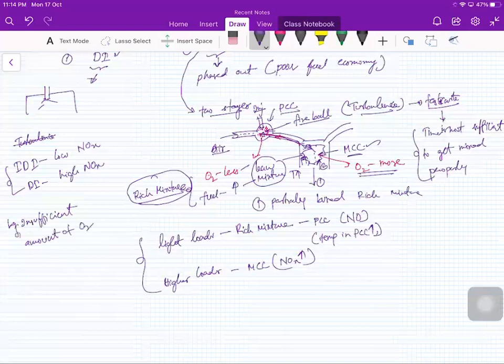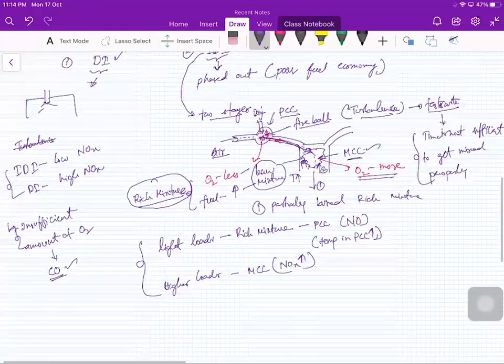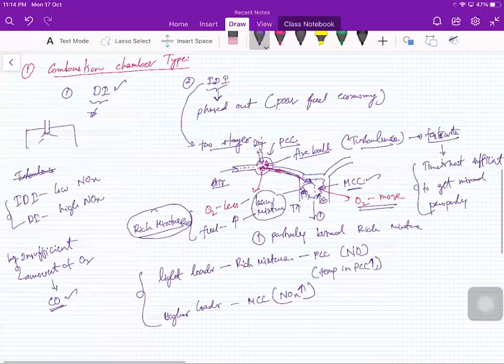When there is an insufficient amount of O2, this leads to the formation of carbon monoxide. So when you have the turbulence, again the formation of carbon monoxide will be higher. So these are the concepts of which engine emits a higher amount of NOx and carbon monoxide based on their design parameters, sorry, the combustion chamber type.